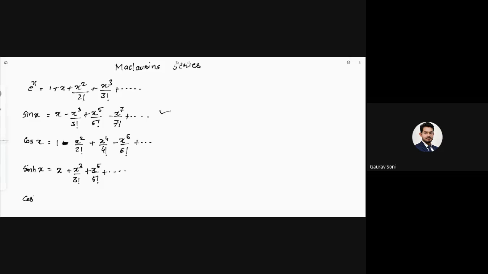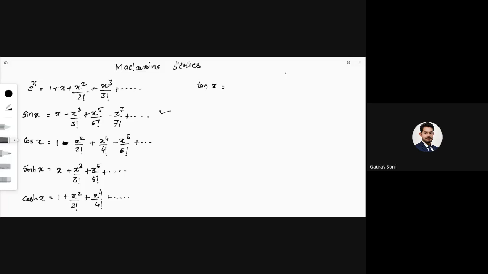Cos h of x, the same thing, even powers but all positive. 1 plus x square by 2 factorial plus x raised to 4 by 4 factorial, and so on.